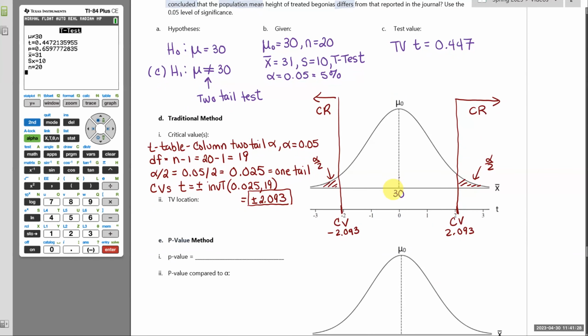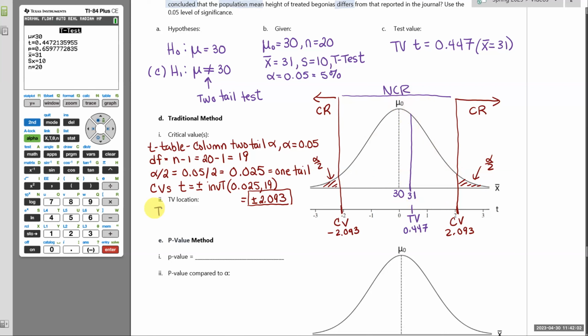And then the traditional method says graph that. And that's telling us on the graph where our x bar of 31 is. So 0.447 test value tells us that 31 is there on the X bar graph. So we're definitely in this unshaded non-critical region.